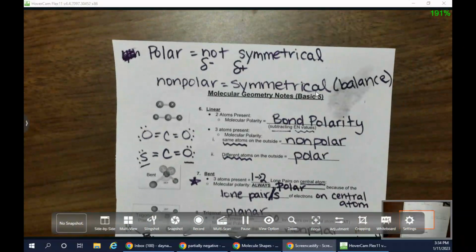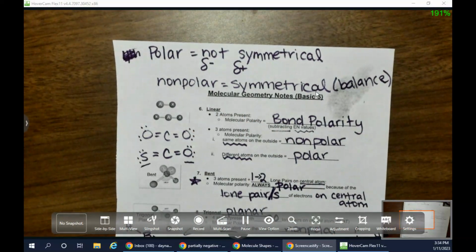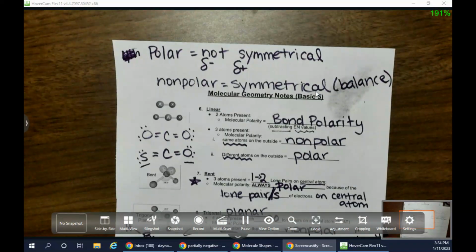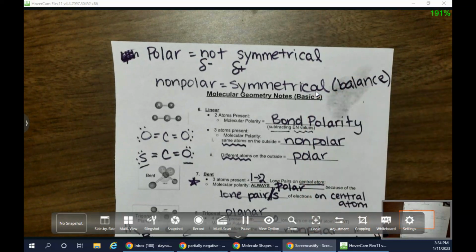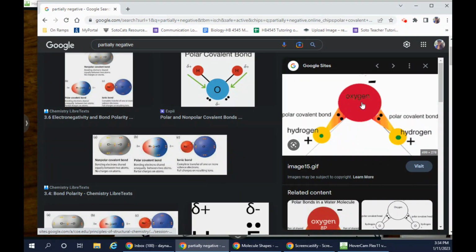So to put this more in perspective, when we're dealing with polar and we have these partial things, it means that I'm not explicitly talking about a positive proton and a negative electron. We're not talking about that. We're saying partially. A good example of it is this picture for water.